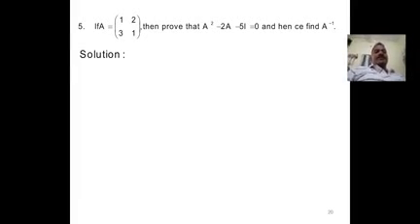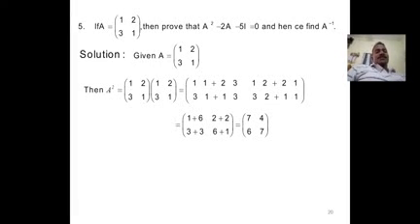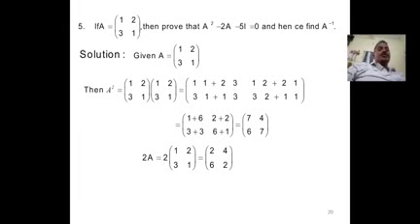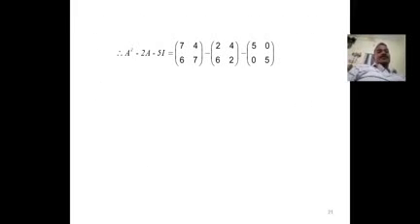Now here first we have to show that A square minus 2A minus 5I equal to 0. So first we'll find A square, whose value is 7 4 6 7, and minus 2A, so 2 times A is 2 4 6 2, and 5 into the identity matrix 1 0 0 1 is 5 0 0 5. Substituting in the relation, the left hand side is A square minus 2A minus 5I, which is 7 4 6 7 minus 2 4 6 2 minus 5 0 0 5.